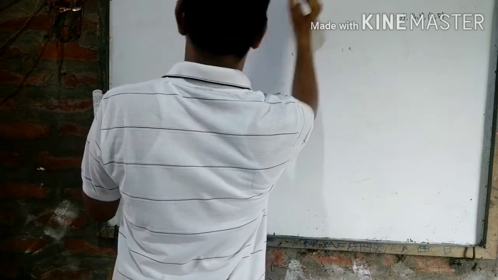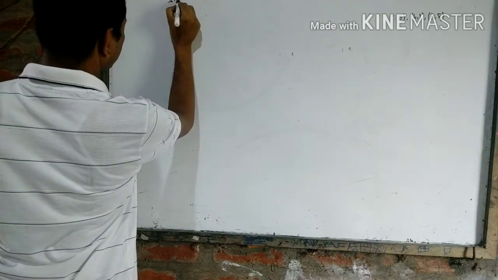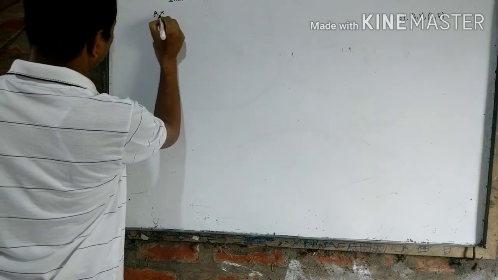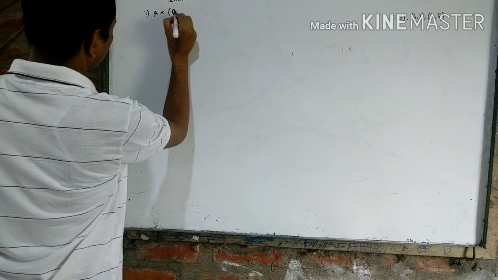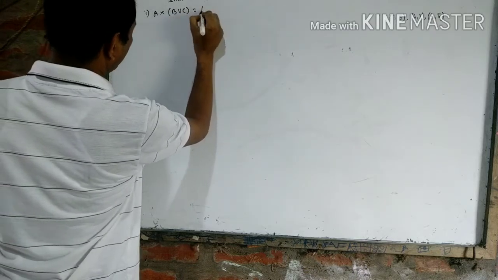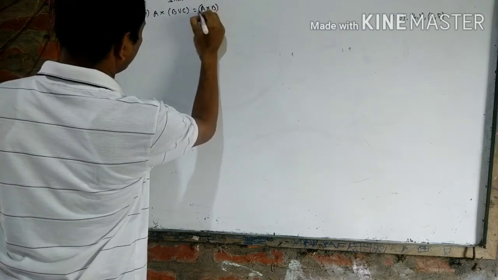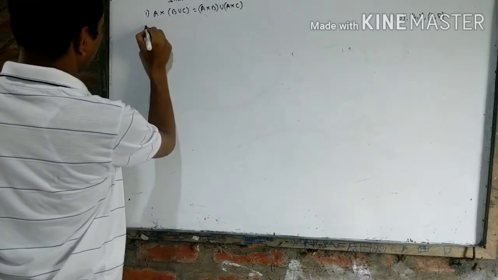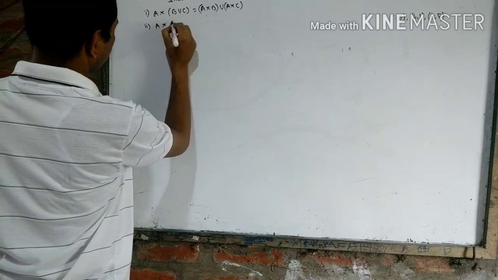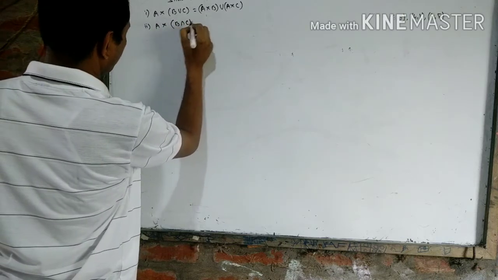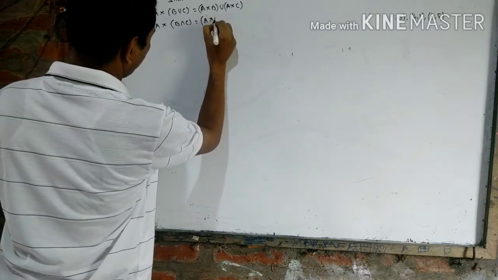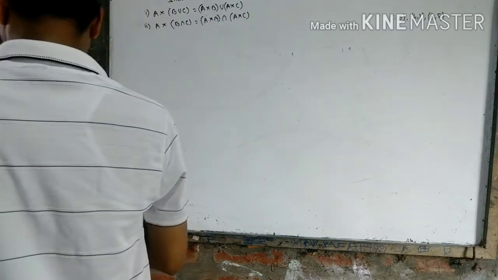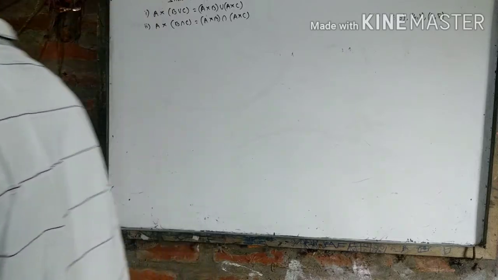Show that number 1, A cross (B union C) is equal to (A cross B) union (A cross C). Number 2, A cross (B intersection C) is equal to (A cross B) intersection (A cross C). We have to prove this.